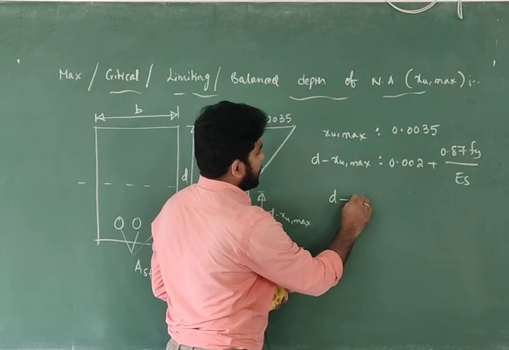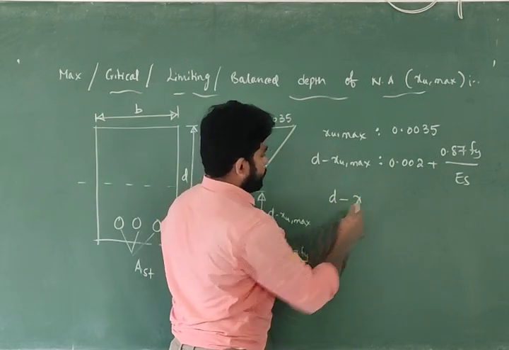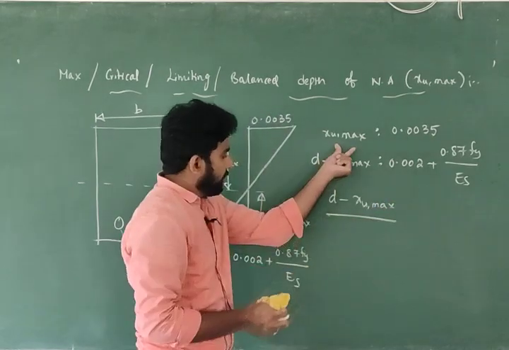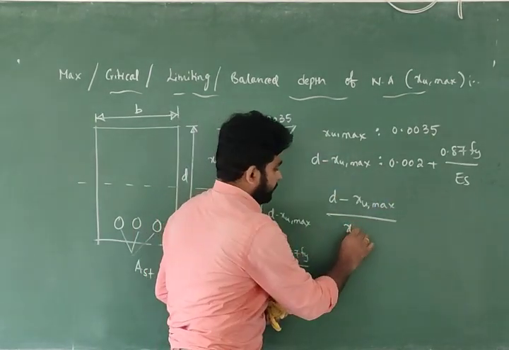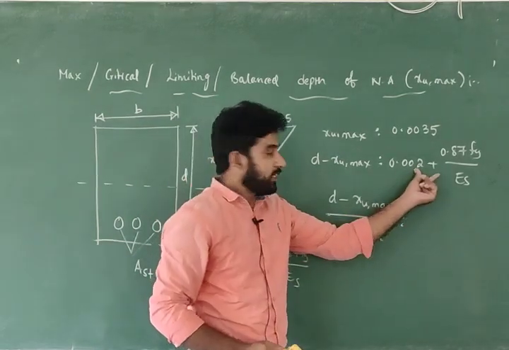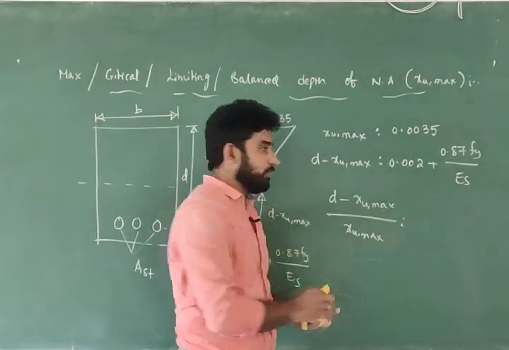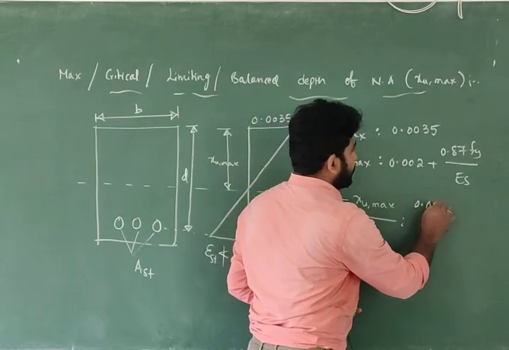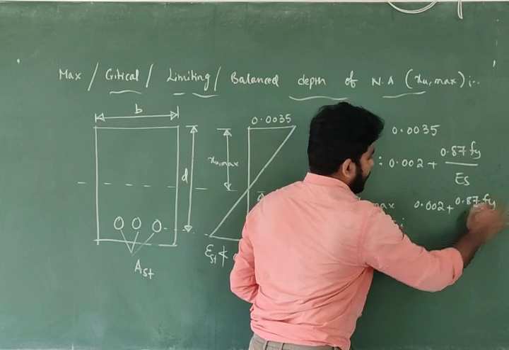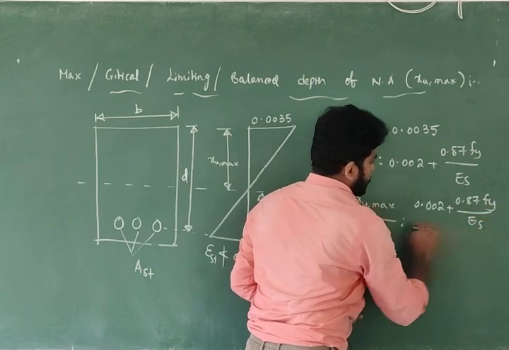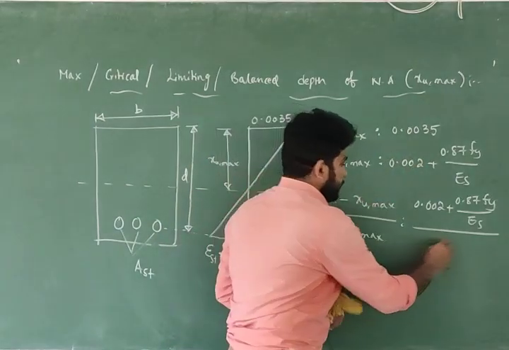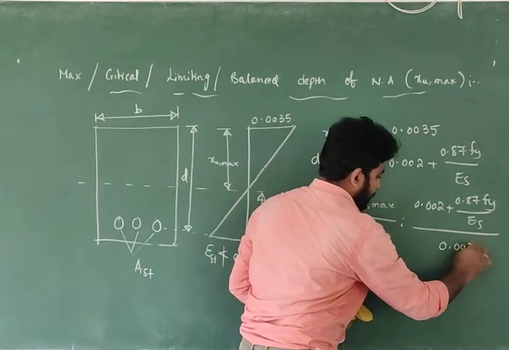D minus XU maximum divided by XU maximum equals 0.002 plus 0.87 Fy by Young's modulus of the steel, divided by this strain, that is 0.0035.